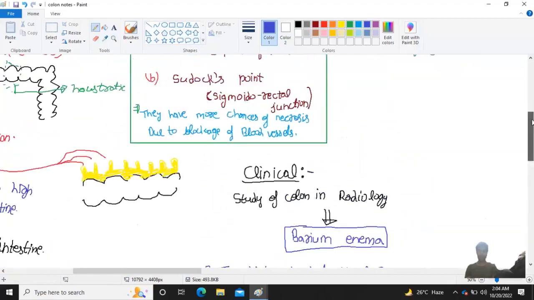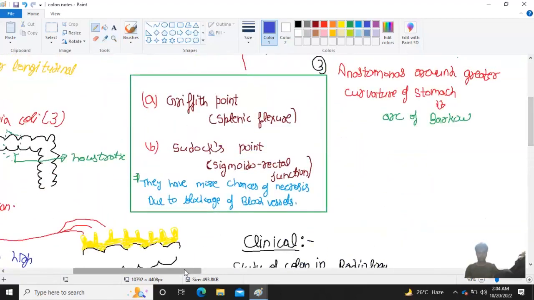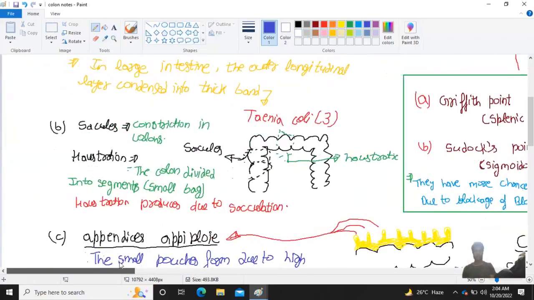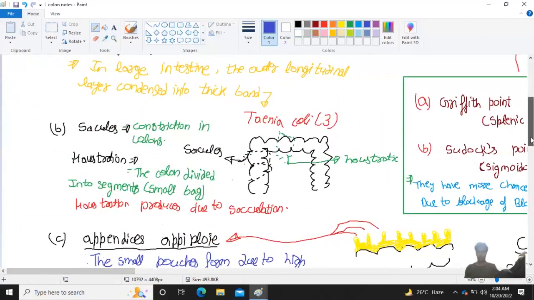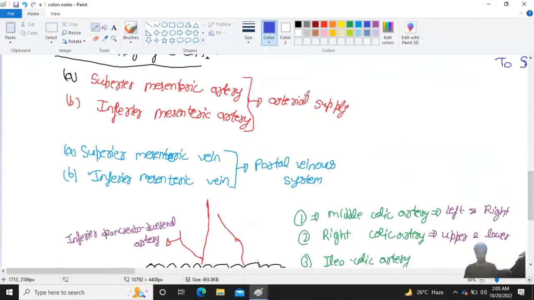One important point about the blood supply is the role of the superior mesenteric artery and the inferior mesenteric artery. How much they supply, basically.